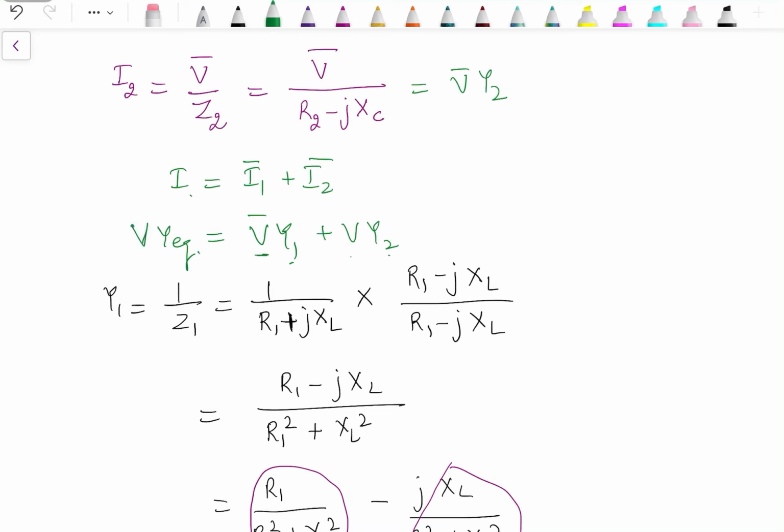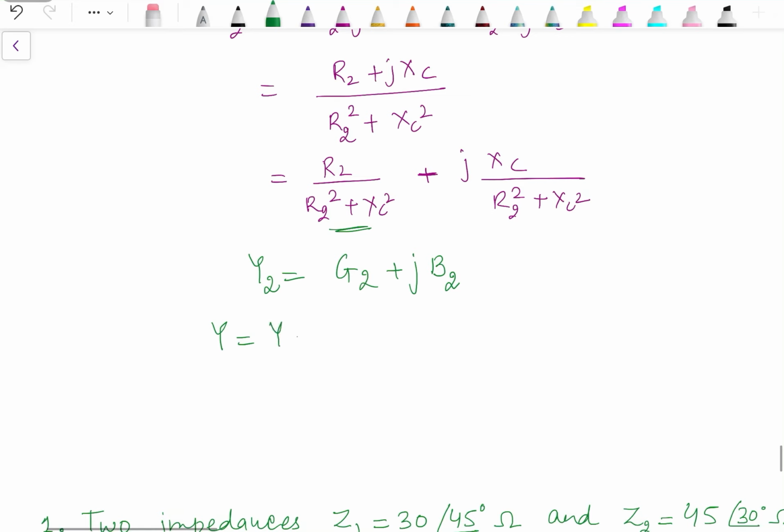So what we get from here is that Y equivalent is Y1 plus Y2, which is equal to G1 plus G2 plus j(B2 minus B1). And then you can calculate the current, and if there is interest in anything else, that can also be calculated.